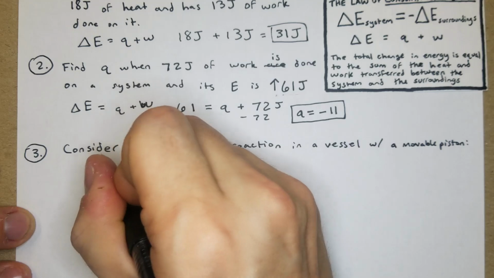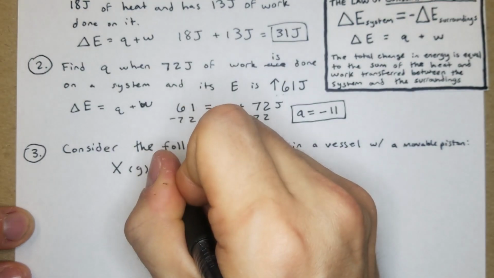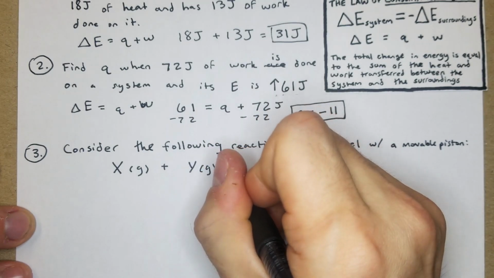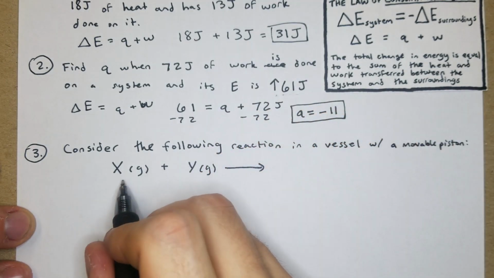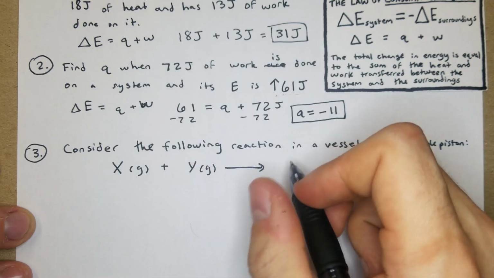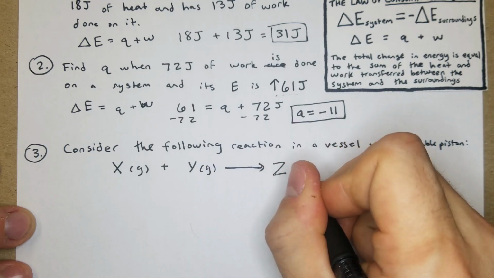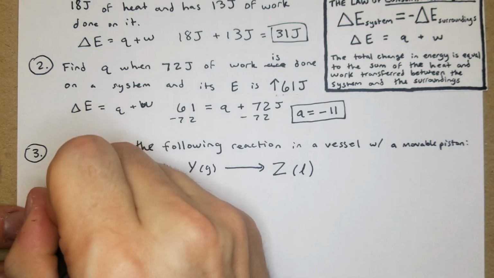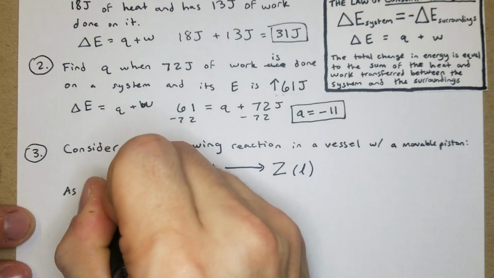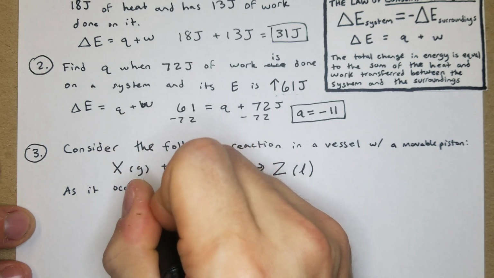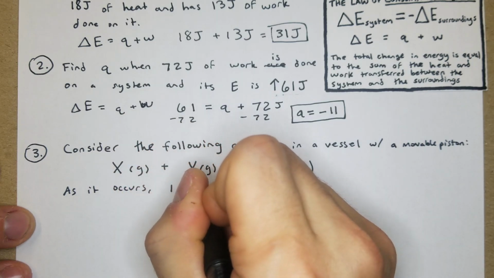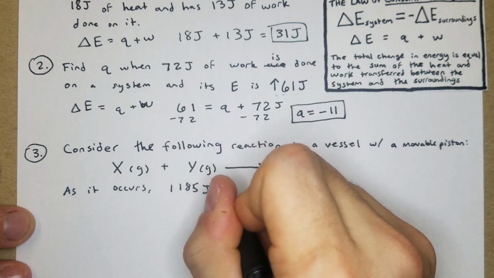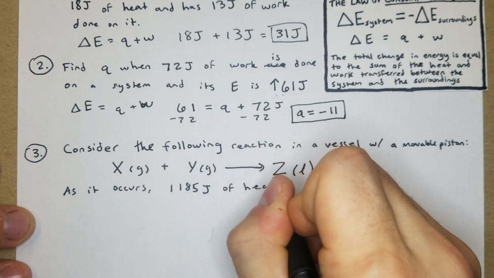X gas plus Y gas yields Z liquid. As it occurs, 1,185 joules of heat are given off.